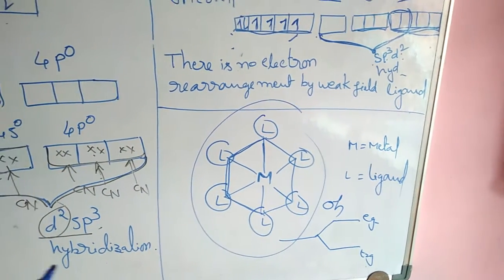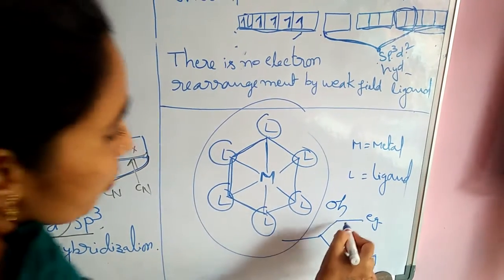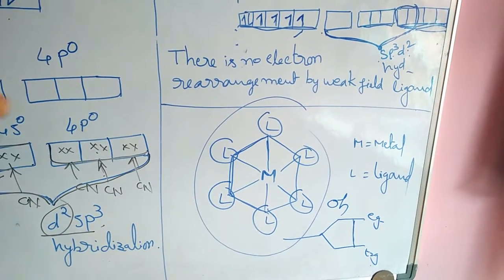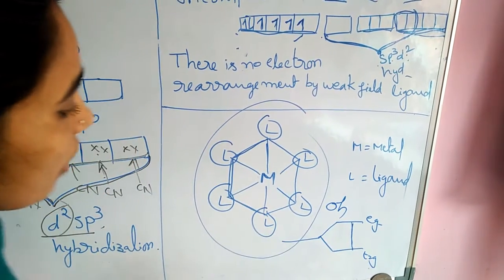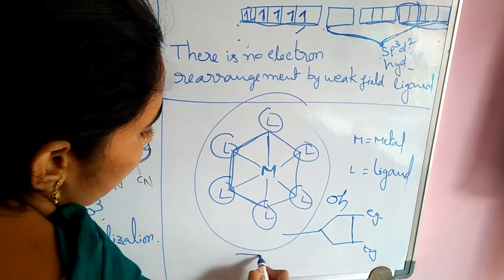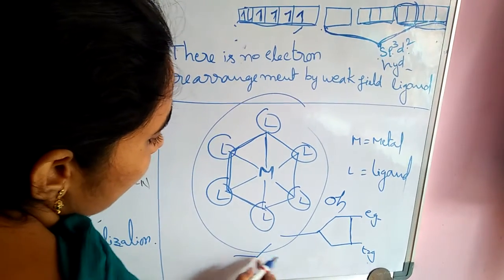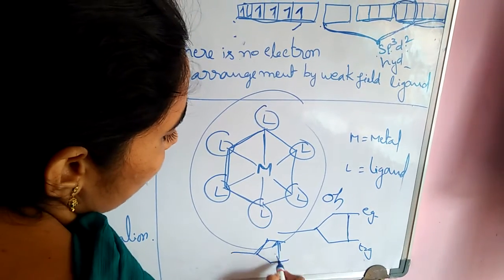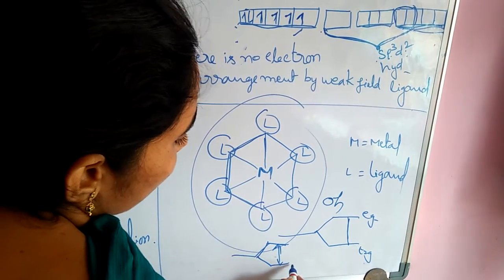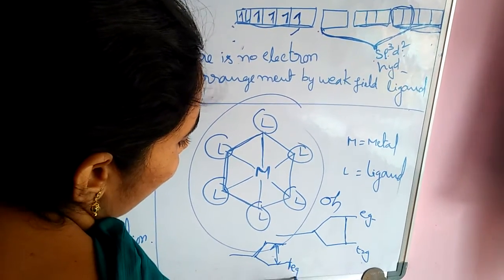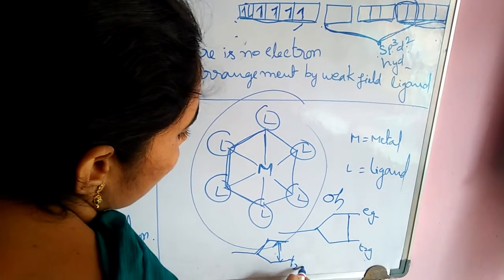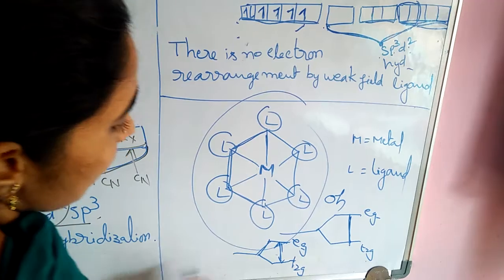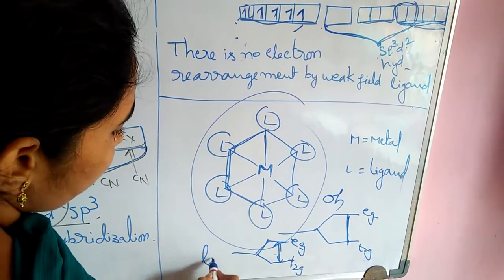If a strong field ligand is there, the splitting is more. If a weak field ligand is there, the splitting is less. The energy gap between t2g and eg is more in one case and less in the other.